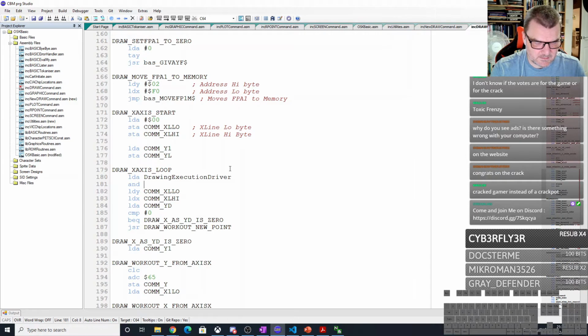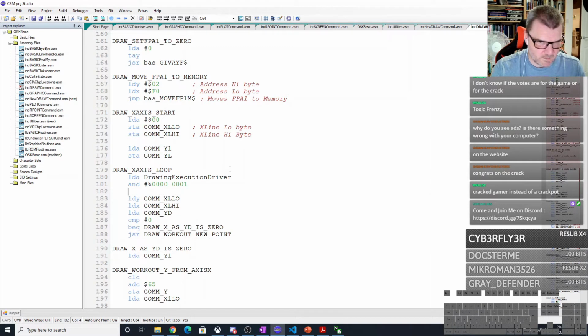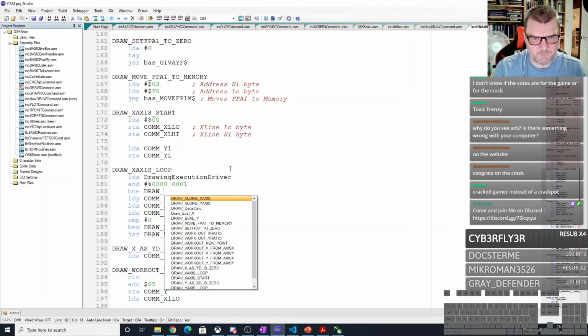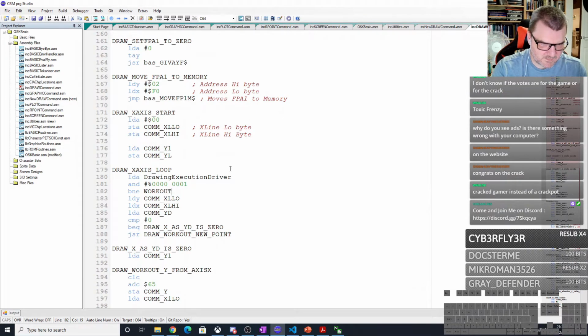We will AND it with that, and branch if not equal to draw X, oh no, this is work out Y on X. But this is going to be, if it's not equal to, that means it's a 1.